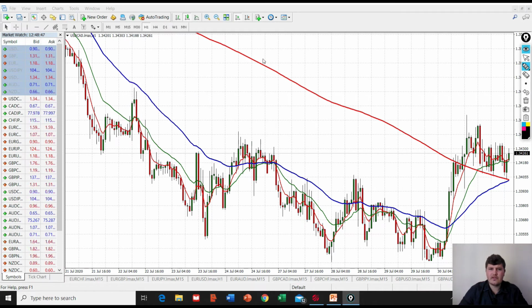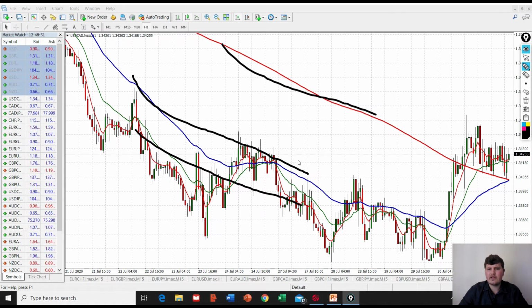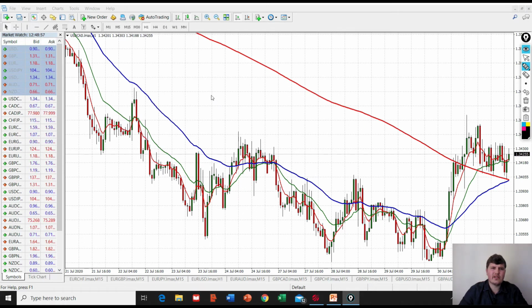You can see as well all of these moving averages just going lower and lower. So this is again a really strong downtrend. So you will be looking for entries to sell this market. So maybe over here, sell it to over here, take profit, and then you will be happy.